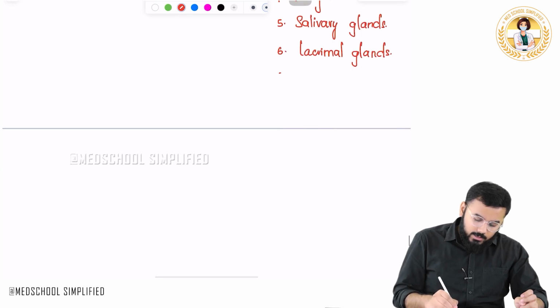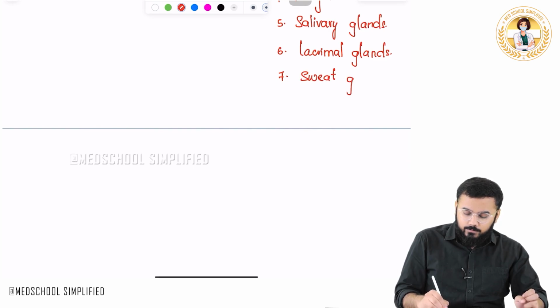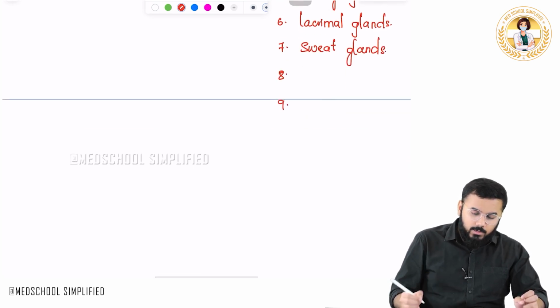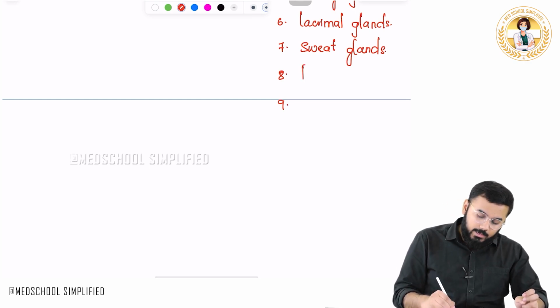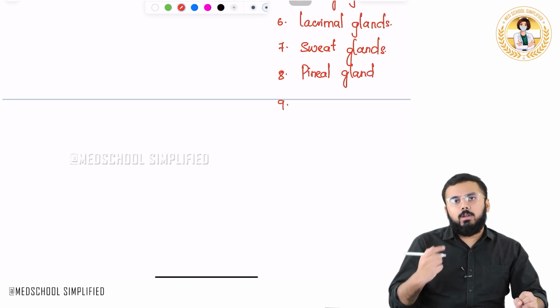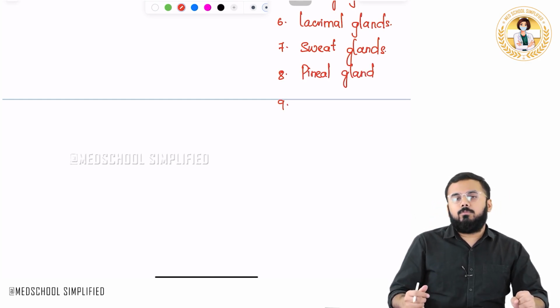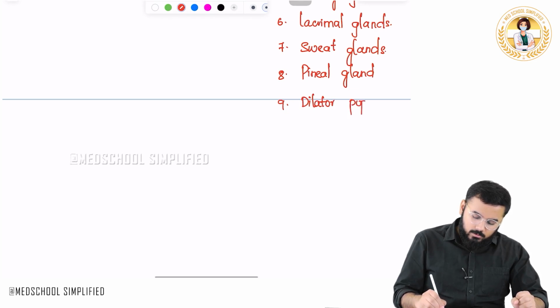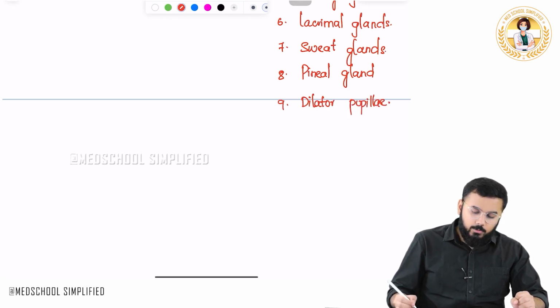Now, after salivary and lacrimal glands, next we have the sweat glands. Next, after the sweat glands, you have the pineal gland. Next, within your eyeball, to dilate your pupil, you have a muscle called dilator pupillae.